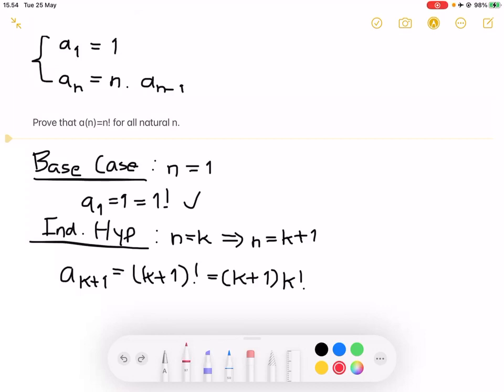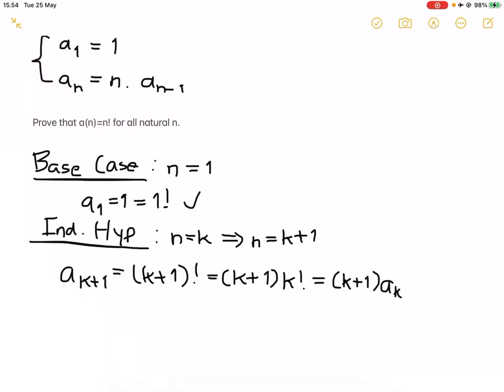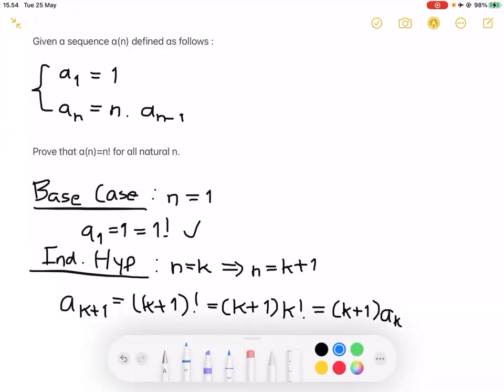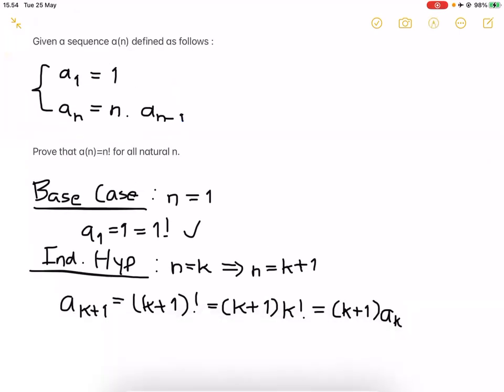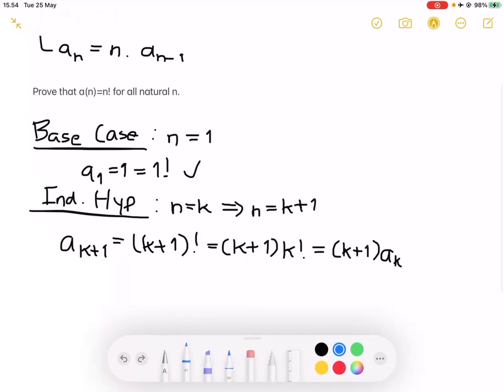However, notice that k factorial is actually equal to the kth term in this sequence. So it will be k plus 1 times a of k, which is actually true from our definition here. So we have proven the induction step and we are done.